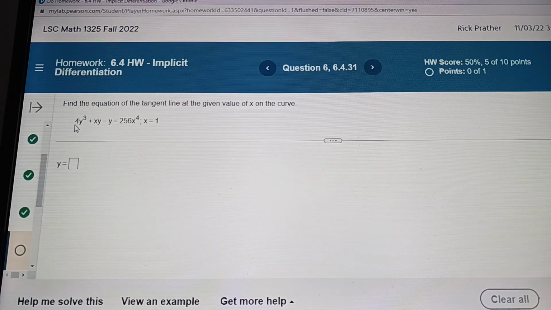Okay, just a little bit more stuff here now. 4y to the third plus xy minus y equals 256x to the fourth. And all I'm told is that x is 1. Find the equation of the tangent line, same directions, at the given value of x instead of the given coordinate.